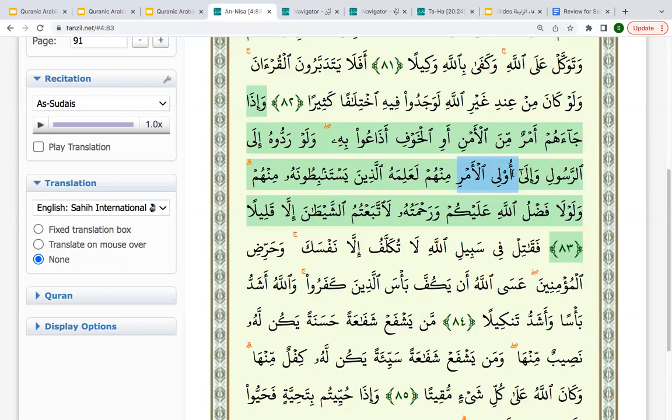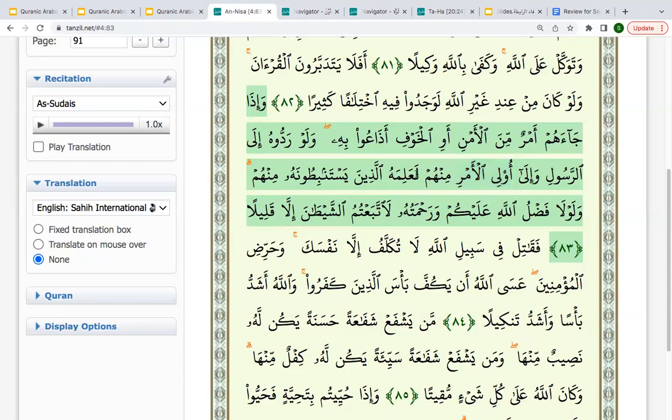And ulu is the plural for, some say plural, but it's not actually plural, but by meaning, ulu is the plural for zu, and uli is the nasb jar form of it, okay? So uli always comes up as a special mudaf, making an idafa: possessors of affair, or possessors of authority.